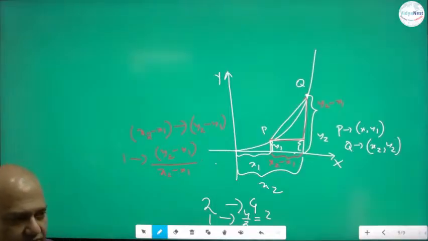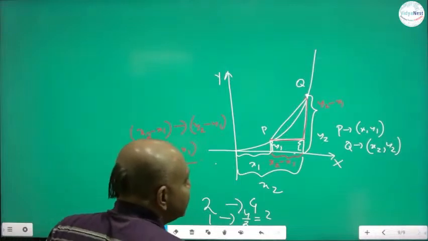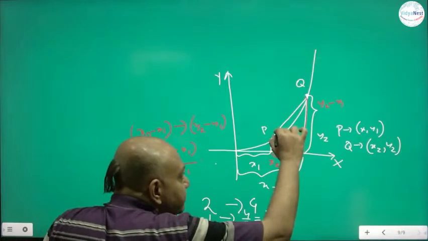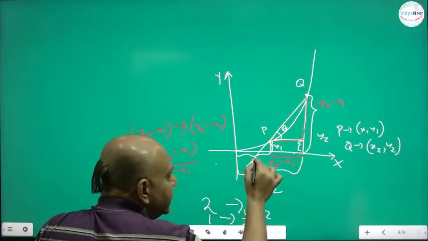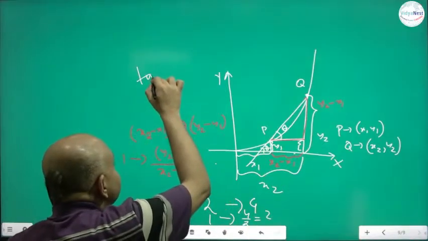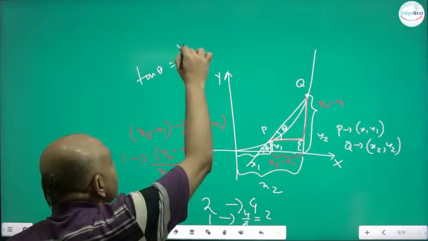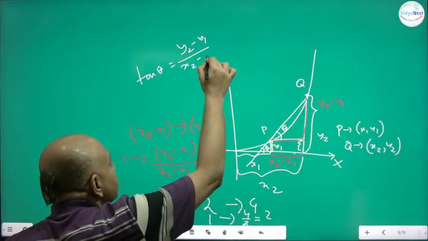Isn't it? Very good. Now see, this y2 minus y1 divided by x2 minus x1 means what? If this angle is theta, if I produce this line, this is also theta. That means I can tell tan theta is equal to y2 minus y1 divided by x2 minus x1.